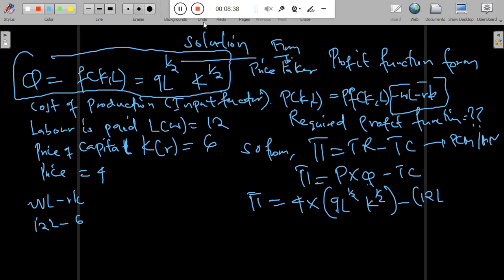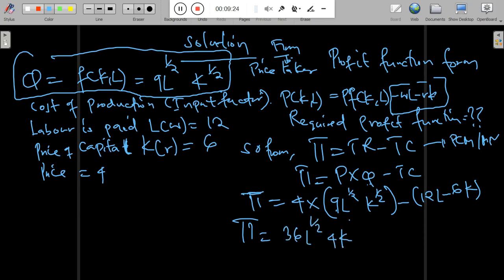Then we subtract RK, where RK represents the cost of capital, that was 6, so it will be minus 6K. So the profit function equals 4 times 9L to the half times K to the half, that will be equal to 36L to the half times K to the half, minus 12L minus 6K.